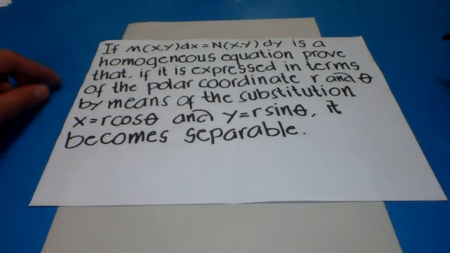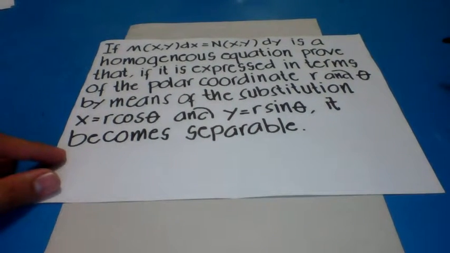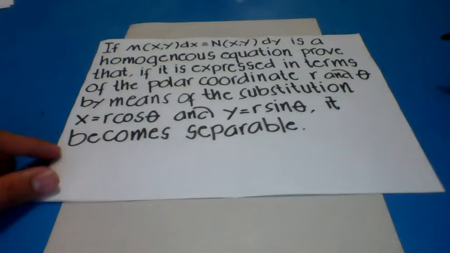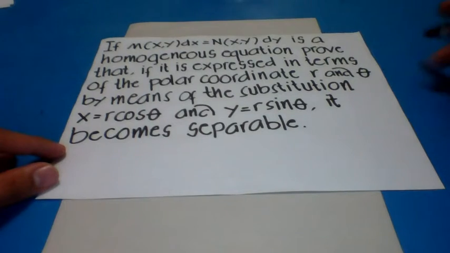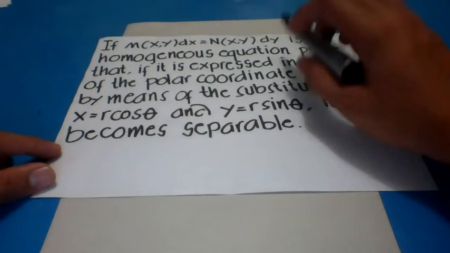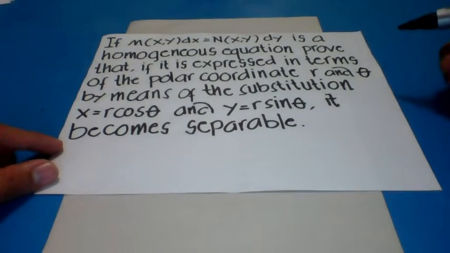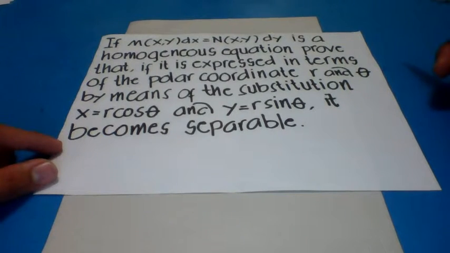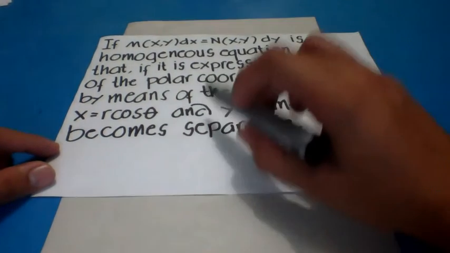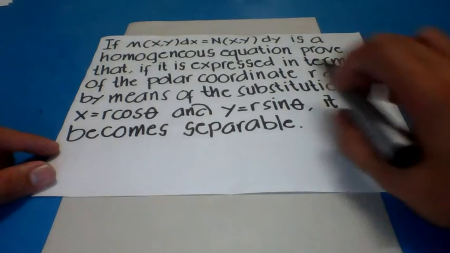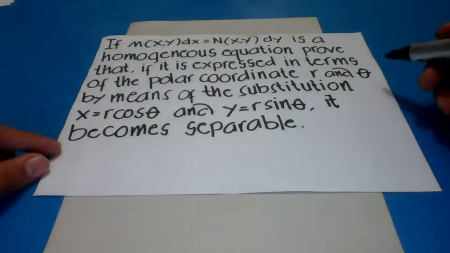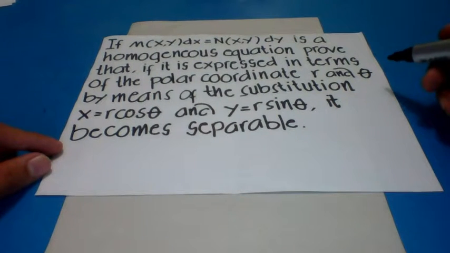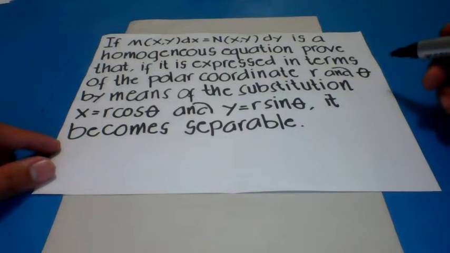So our third problem is: if M(x,y) dx equals N(x,y) dy is a homogeneous equation, prove that if it is expressed in terms of the polar coordinates r and theta by means of the substitution x equals r cosine theta and y equals r sine theta, it becomes separable.